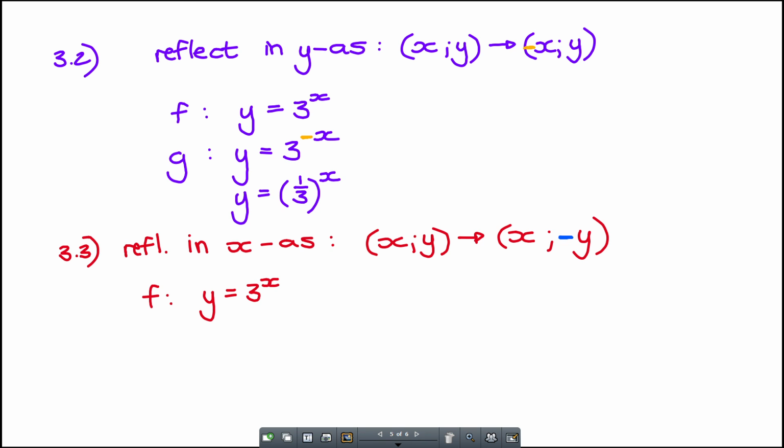Ja, nou gaan ek hom in die x-as gaan reflecteer, so hy gaan raak minus y is gelyk aan 3 tot die mag x. But we usually wanted y is equal to whatever, not minus y, nee? So I've got to get rid of that minus in front, so y will be minus 3 to the power of x. Any questions? Julle reg? Good.